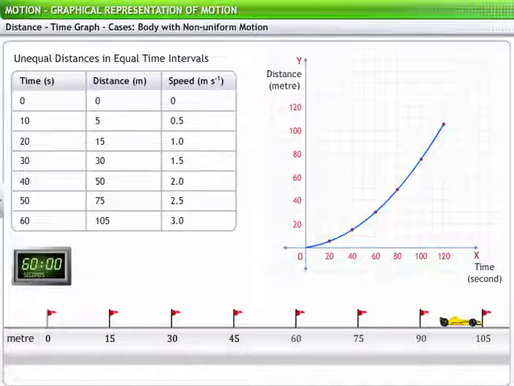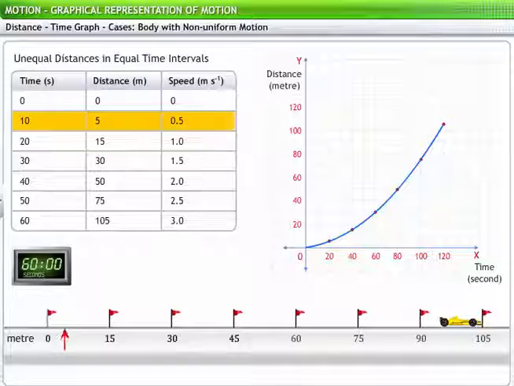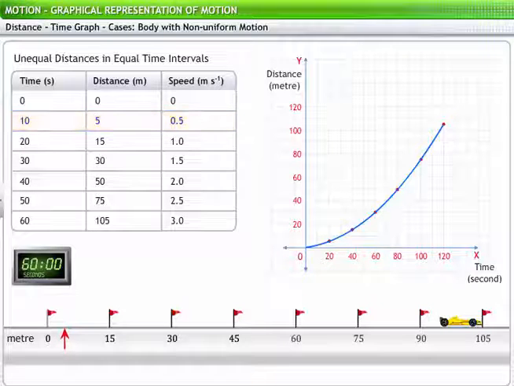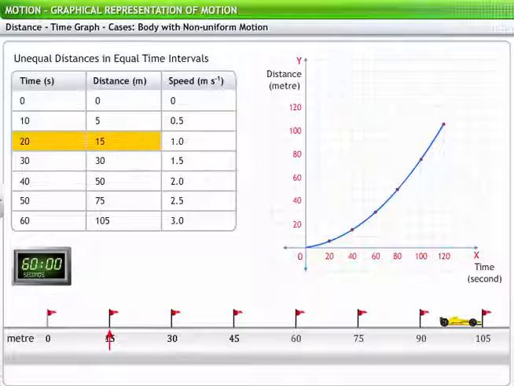Let's analyze this data further. During the first 10 seconds, the distance traveled by the body is 5 meters. Thus, the speed of the body for the first 10 seconds is 0.5 meter per second. For the next 10 seconds, the distance covered by the body is 10 meters.